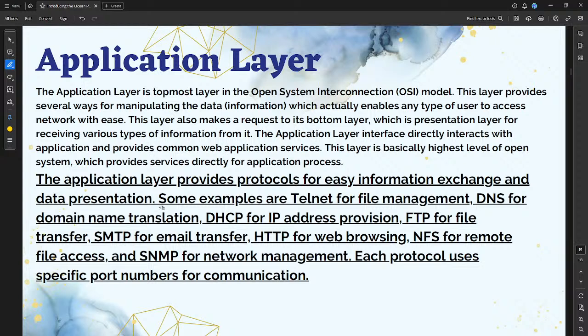You can see some examples: Telnet for file management, DNS for domain name translation, DHCP for IP address provision, FTP for file transfer, SMTP for email transfer, and of course HTTP for web browsing. These are the functionalities that are embedded in the application layer. So just understand this as that layer that provides easy access directly for application processes.